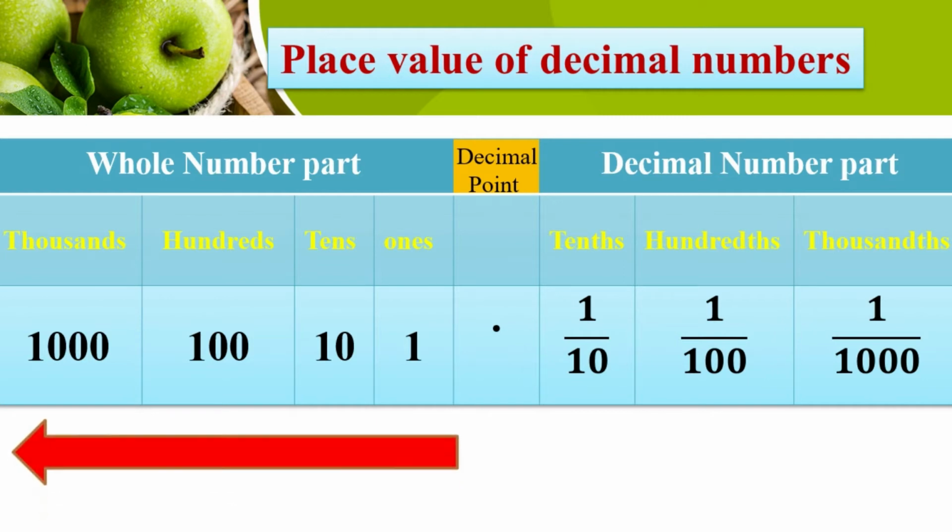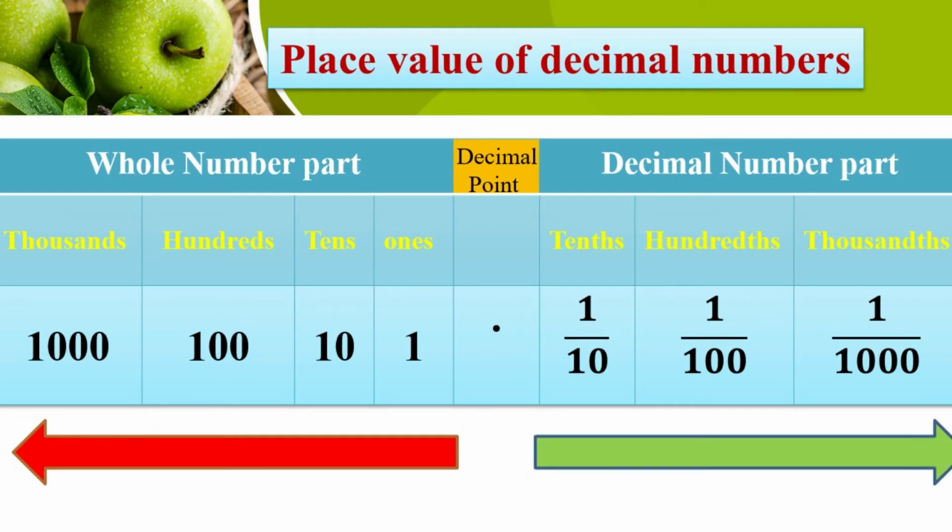Here the whole number part starts from right to left and these values increase. The decimal number part starts from left to right and the values decrease.